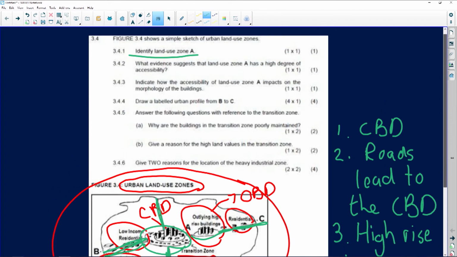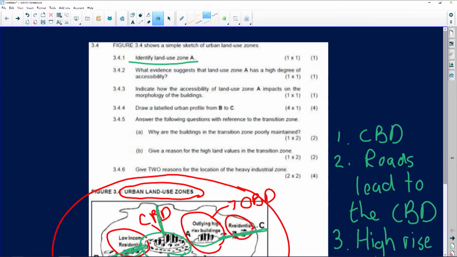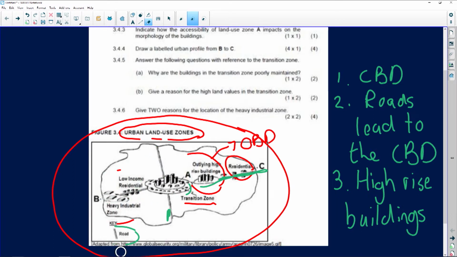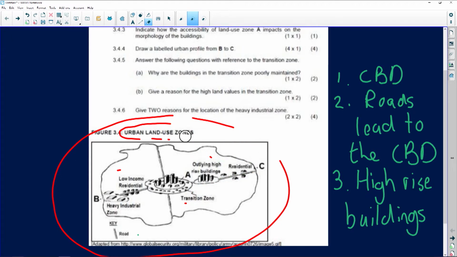Just go back to the next question. Now, 3.4.4, draw a labeled urban profile from B to C. So I just want to clean my diagram a bit before I continue with this question. So they've asked you to construct an urban profile.